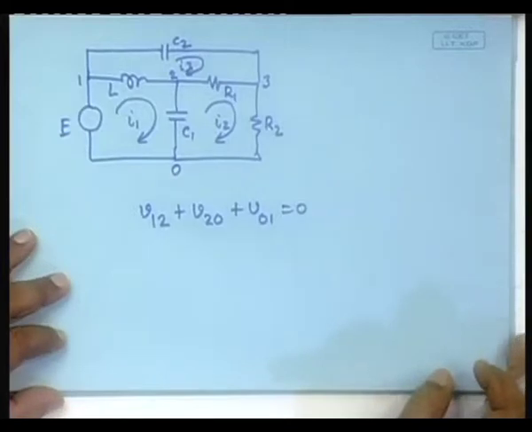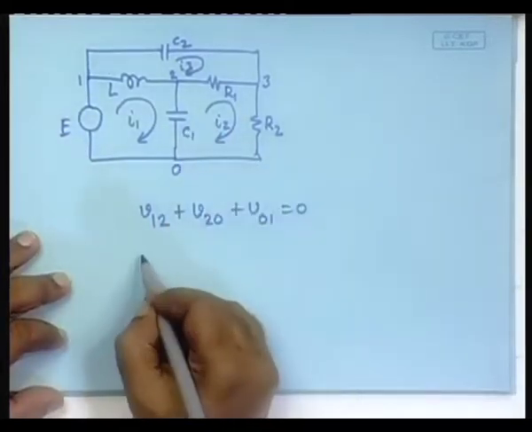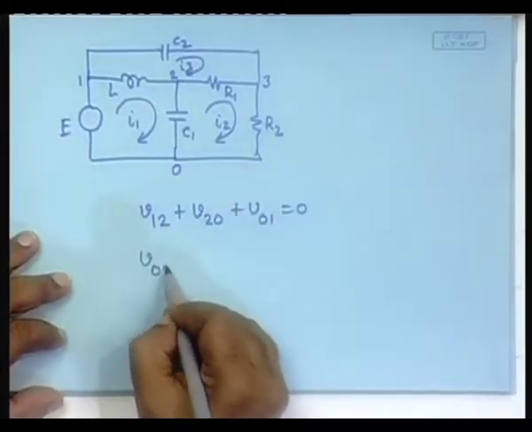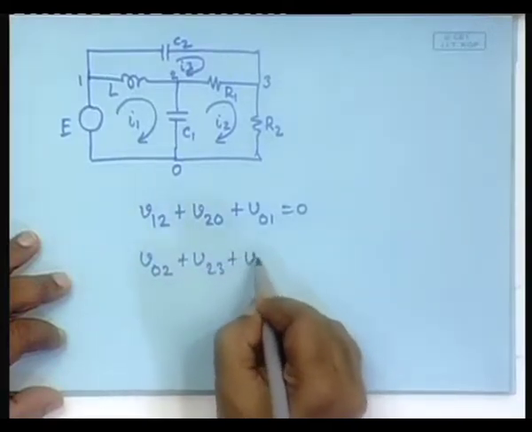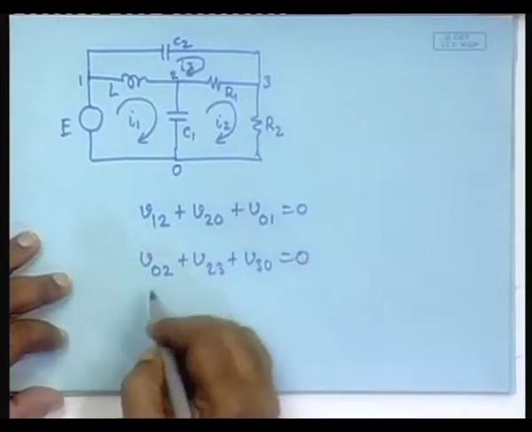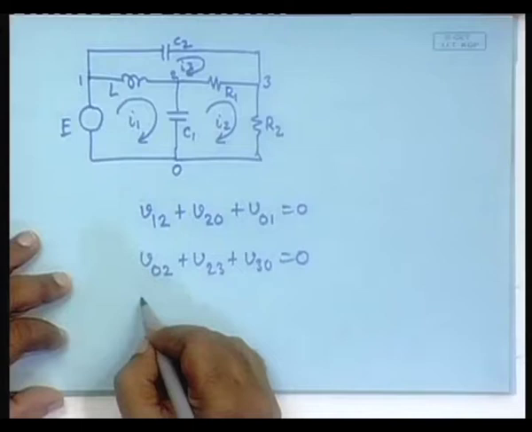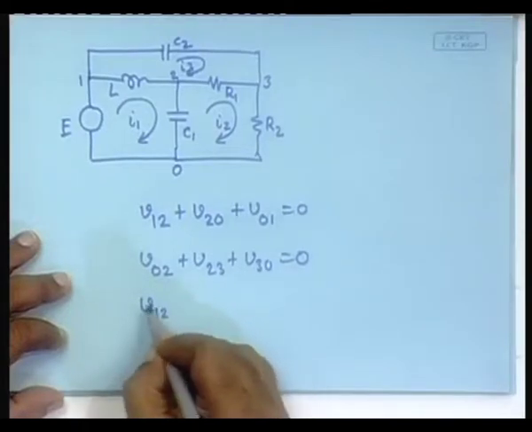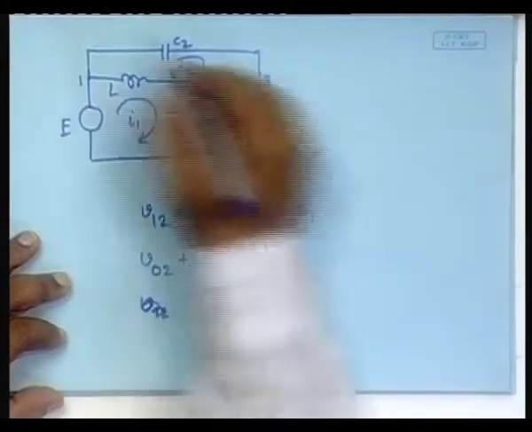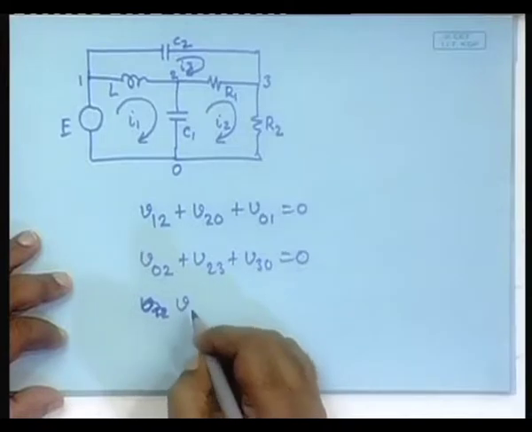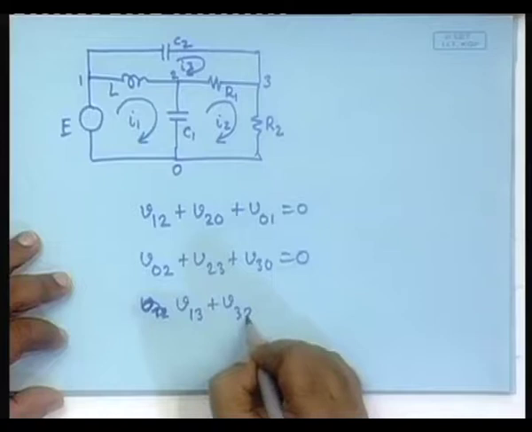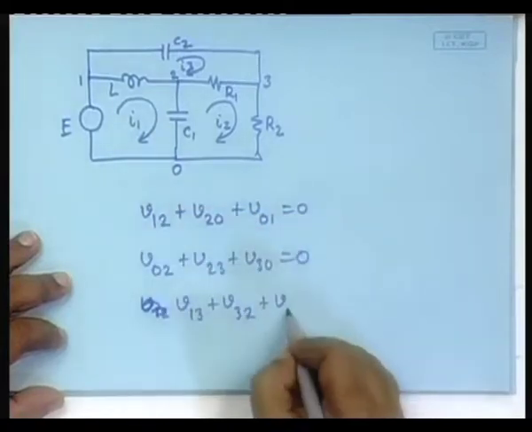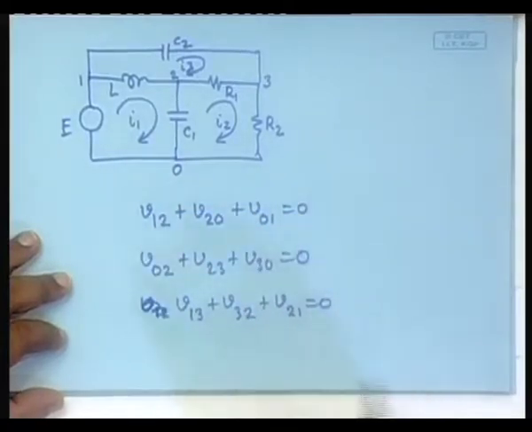Similarly, here it is V02 plus V23 plus V30 equal to 0. Similarly, in loop 3 it is V13 plus V32 plus V21 equal to 0.